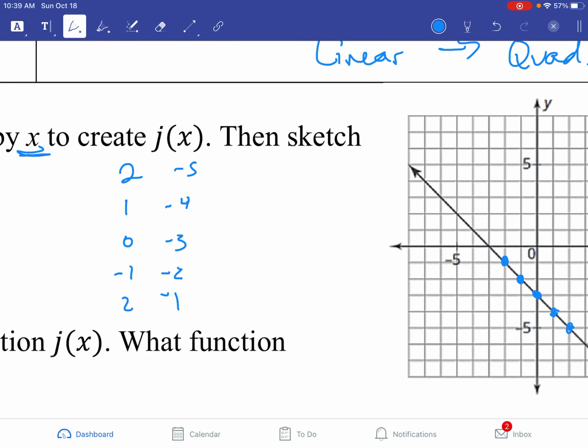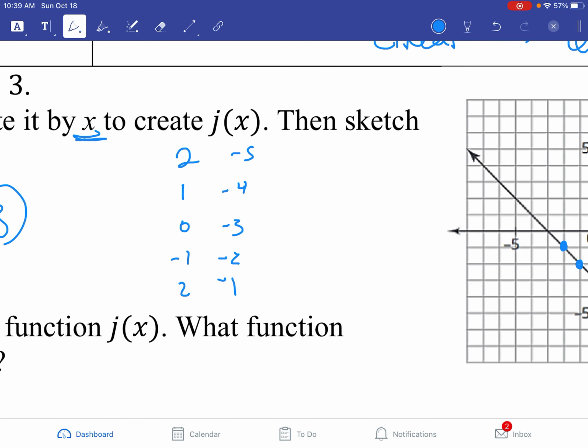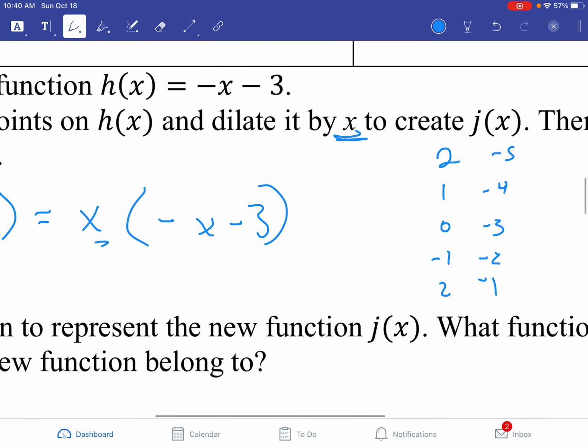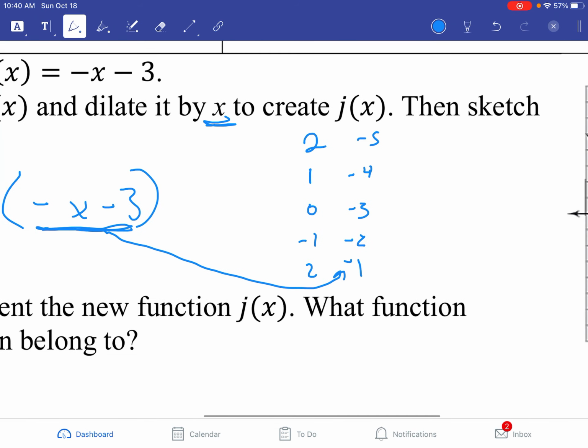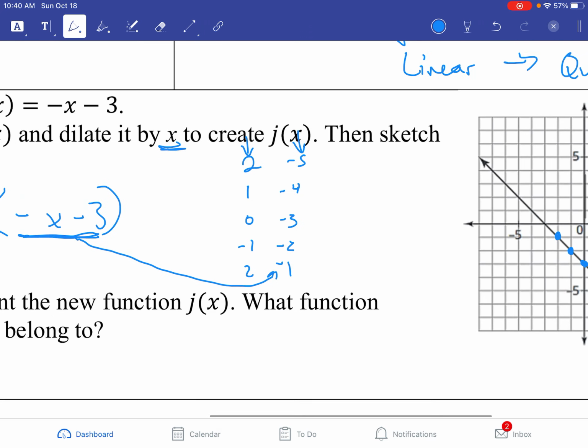So when we're making our new equation, or our new function, sorry, we're going to take these values and multiply them together, because again, we're multiplying by the x. So these values here are from this second column. And what we're going to do is multiply the x terms by that second column to give us the next new function.